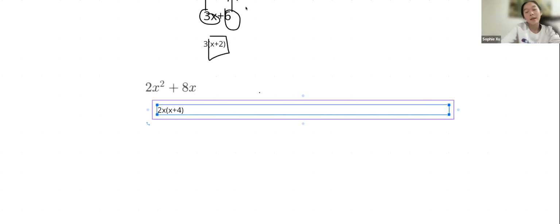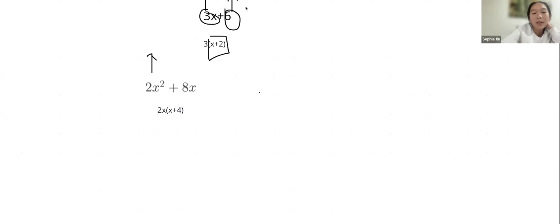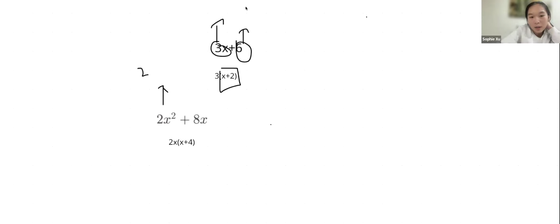Yeah, that's right. It's because you're taking a factor of 2x out of here. So I guess you can write this term as 2x times x, and then you can write the 8x as 2x times 4.